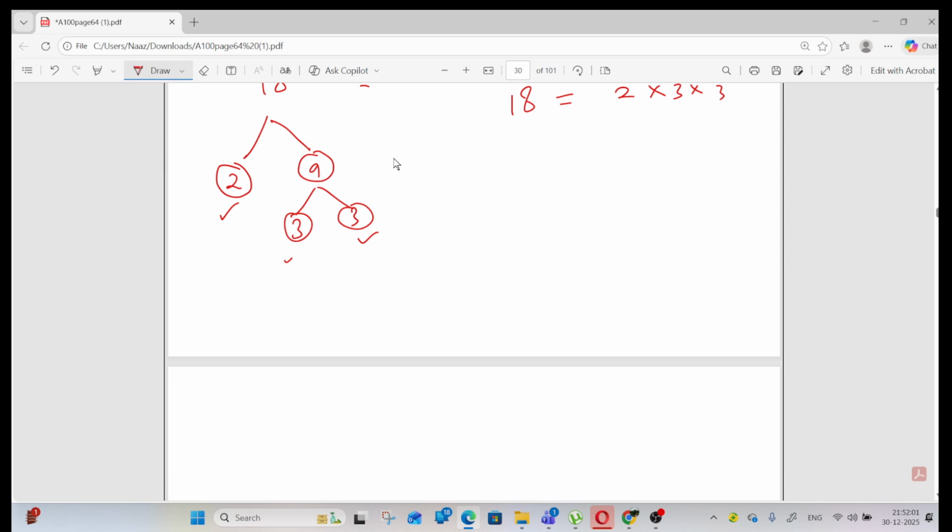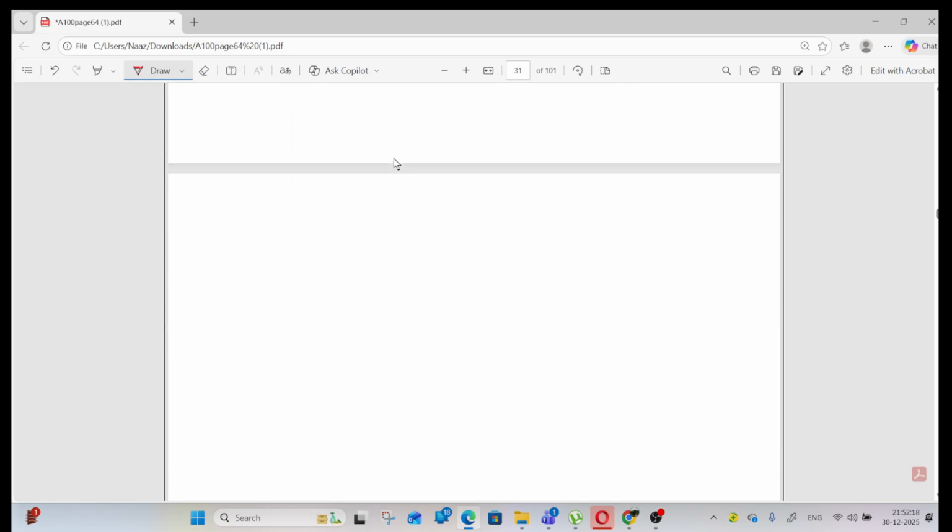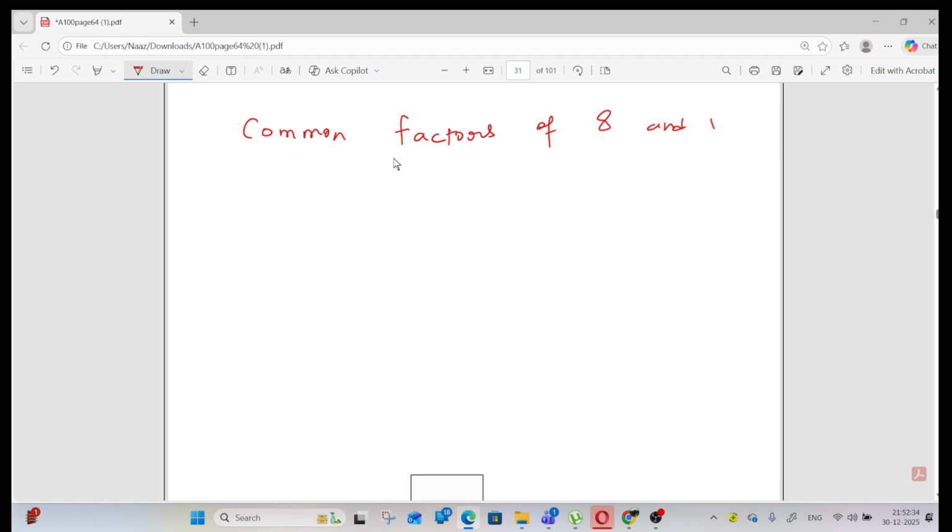Now, we will be using these prime factors in HCF and LCM. First, we should know how to find common factors. Suppose the question is asking you to find the common factors of 8 and 12.